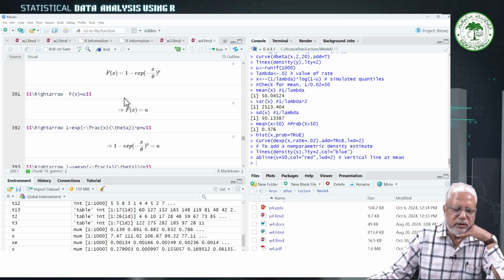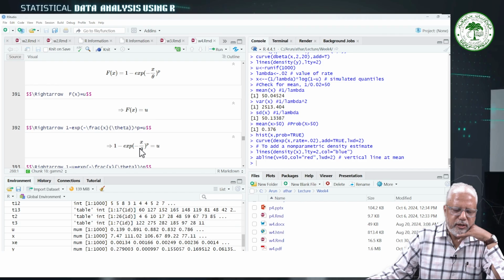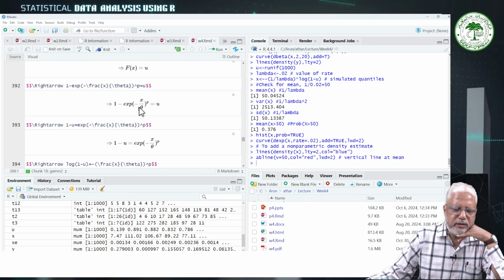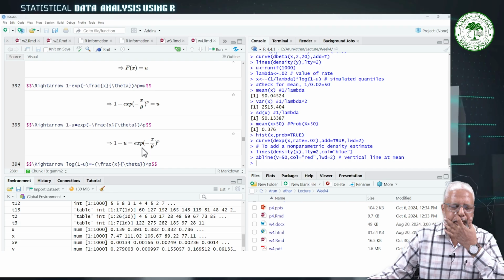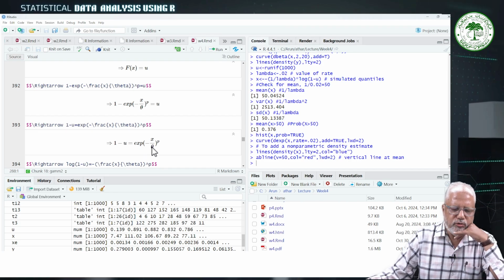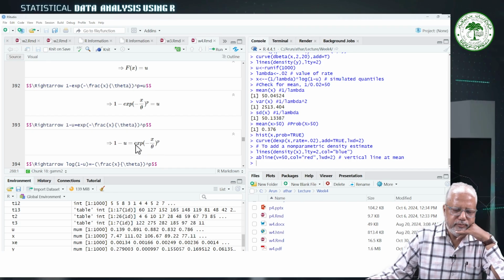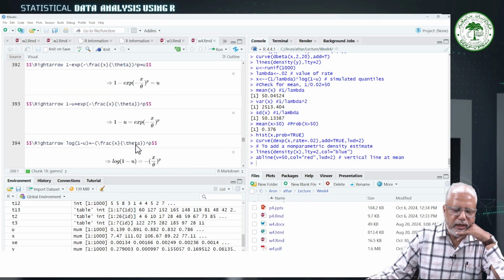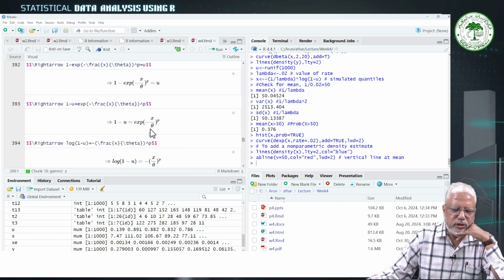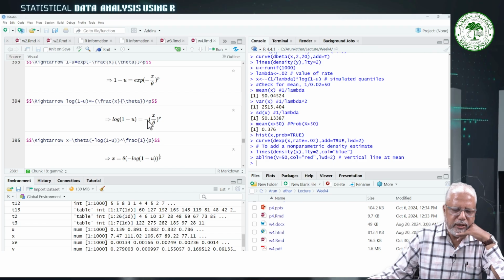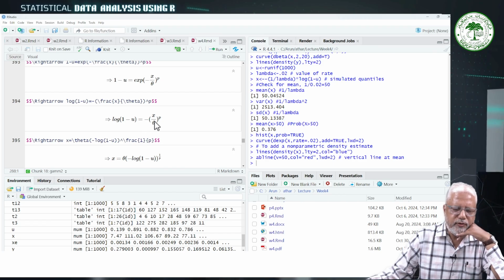F(x) is 1 minus e raised to the power minus (x by theta) whole raised to the power p, equal to u. This implies, we just transfer this u here, 1 minus u is equal to exp of minus (x by theta) whole raised to the power p, and then take the logarithm of both sides: log of 1 minus u is equal to minus (x by theta) whole raised to the power p, and then we can solve it for x.